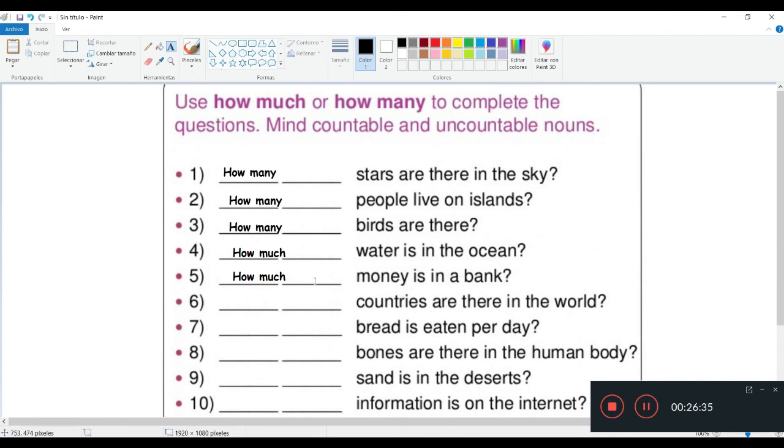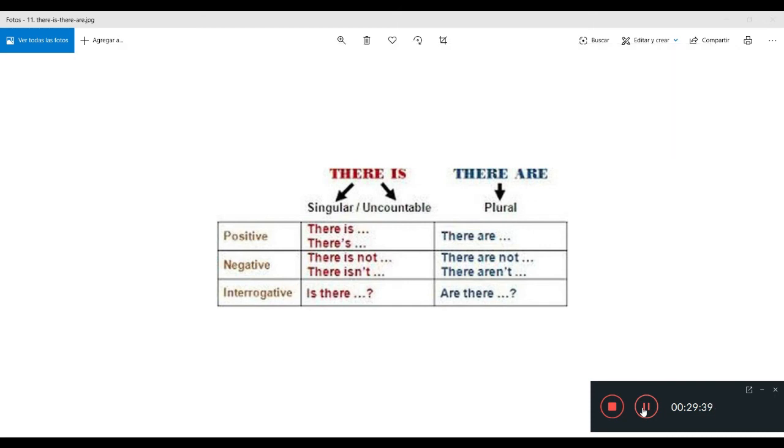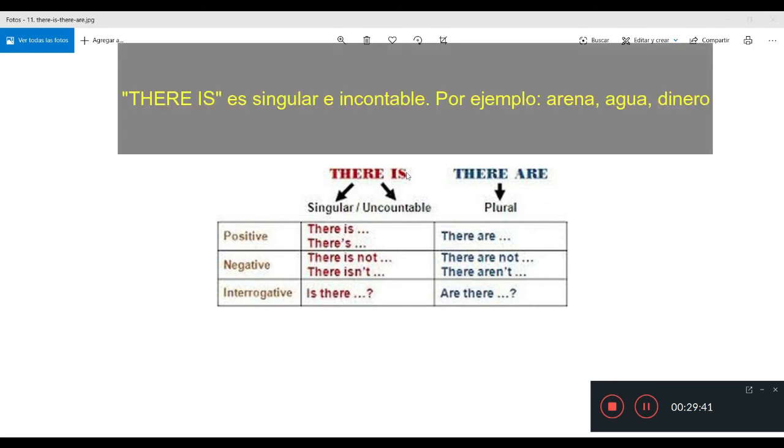So that is uncountable. To answer the simple present questions, how much, how many, the speaker uses there is, there are, and the amount. There is singular, uncountable. For example, sand, water, money.